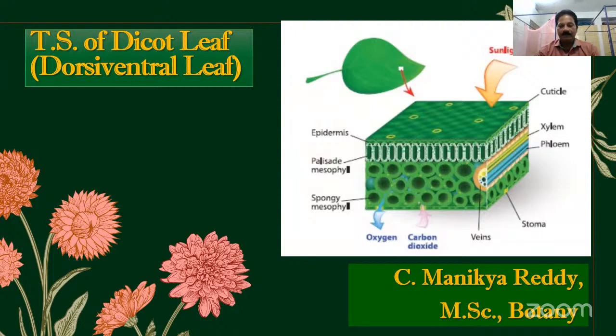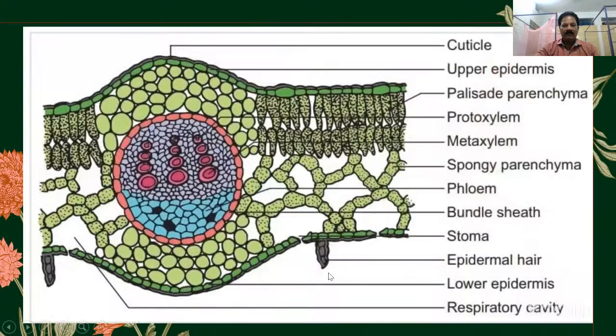On the slide, the image shows the upper epidermis, and the lower side also has the same epidermis. Let us go for detailed discussion. Under the microscope, the transverse section appears like this.